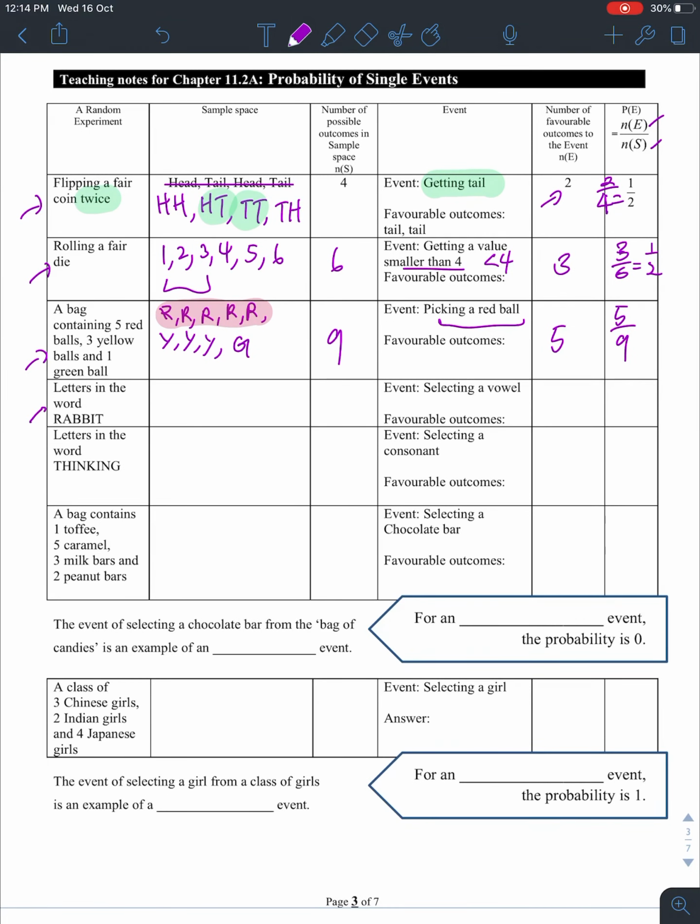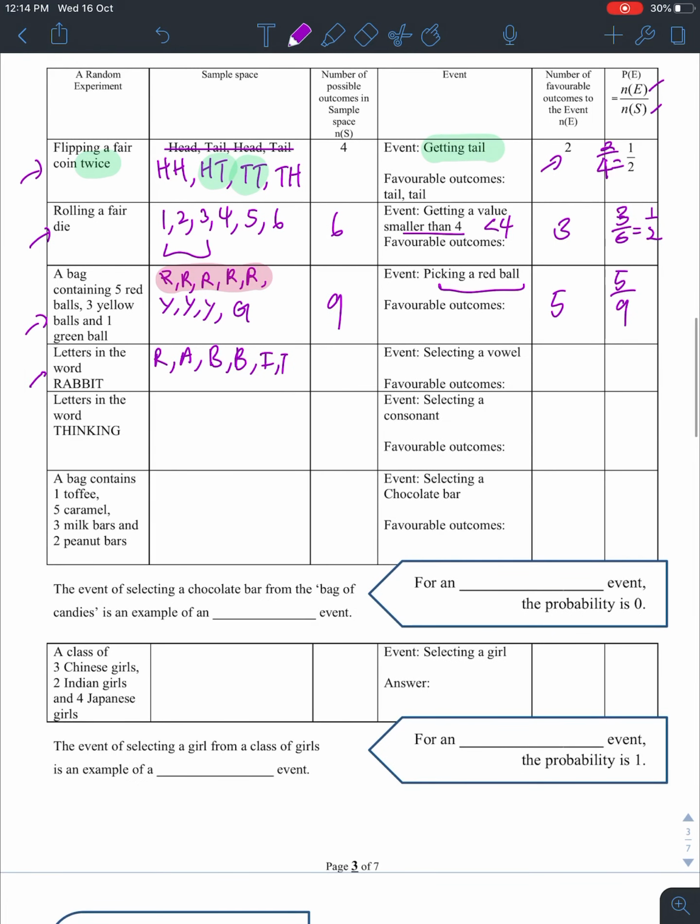The next one, letters in the word rabbit. The possible letters that can appear for our sample space are simply R, A, B, B, I, T. Okay, and in total there are how many letters? There are 6 of such letters. And we would like to select a vowel.